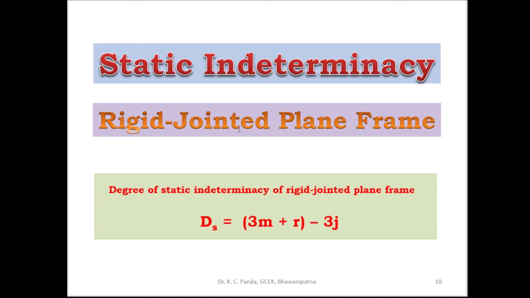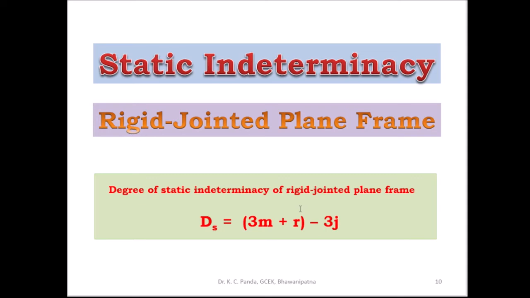Then coming to some examples, how to determine the static indeterminacy of a rigid jointed plane frame. For a rigid jointed plane frame, this is the expression: ds is equal to 3m plus r minus 3j, by the second approach. By the first approach, you have to find out the internal degree of static indeterminacy and the degree of static external indeterminacy.